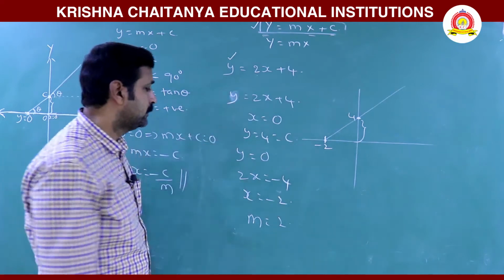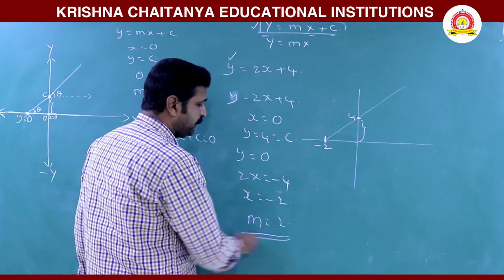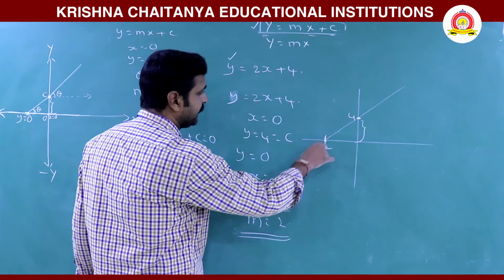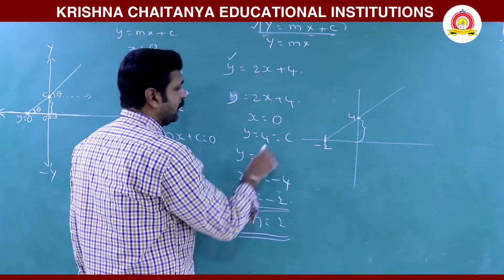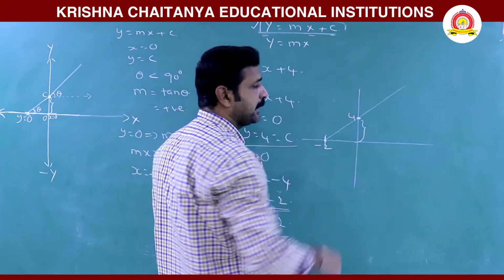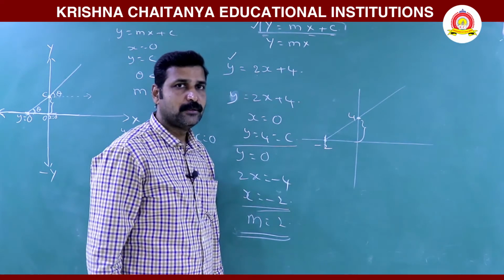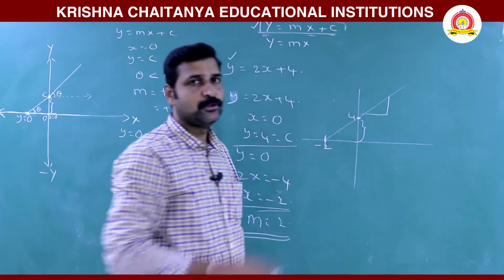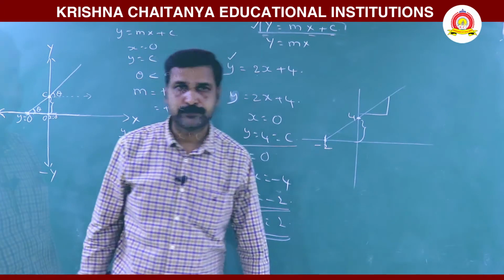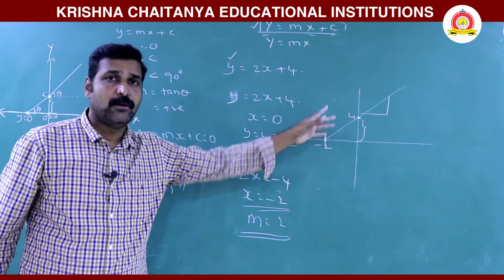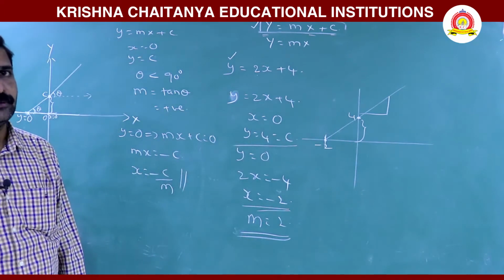So here m is 2 for this graph, x is minus 2 where it intercepts the x axis, and y intercept c is 4. The graph appears like this. So this is a graph having a positive slope, where the slope is positive.